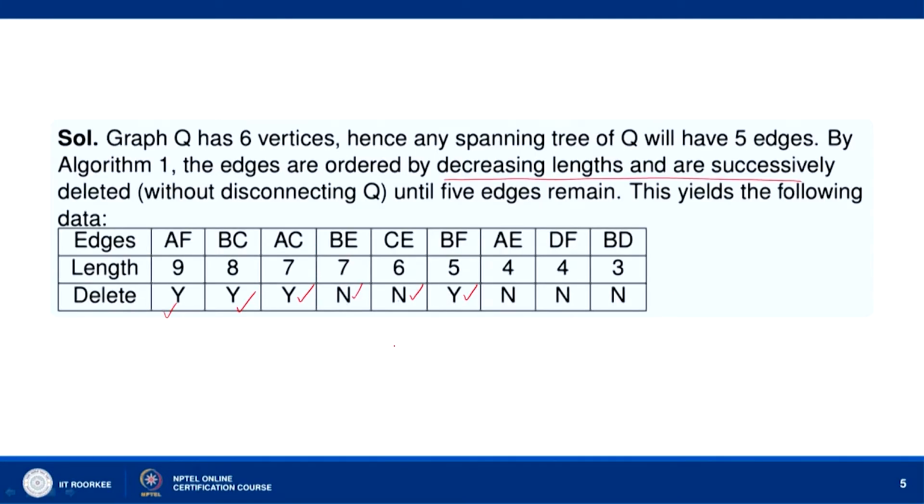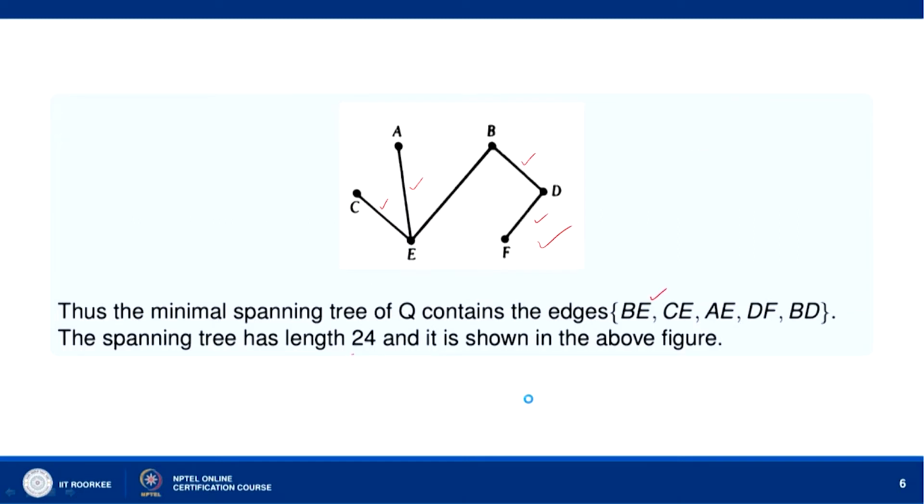So, B has length 7, and then C is given 6, okay, and then we are given AE with 4, DF with 4 and BD with 3. So, this is 7 plus 6, 13, 13 plus 8, 21 plus 3, so 24. So, the minimal spanning tree has length 24 and it is shown in this figure.